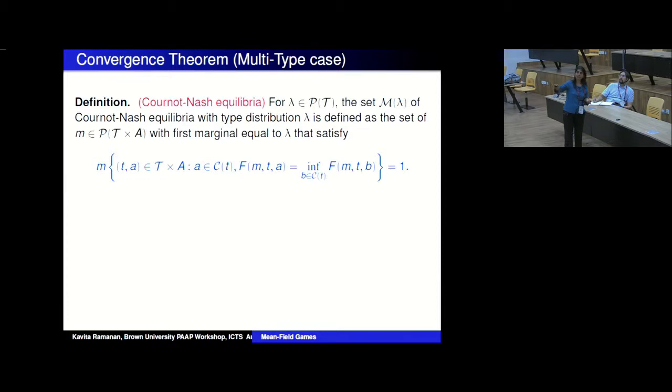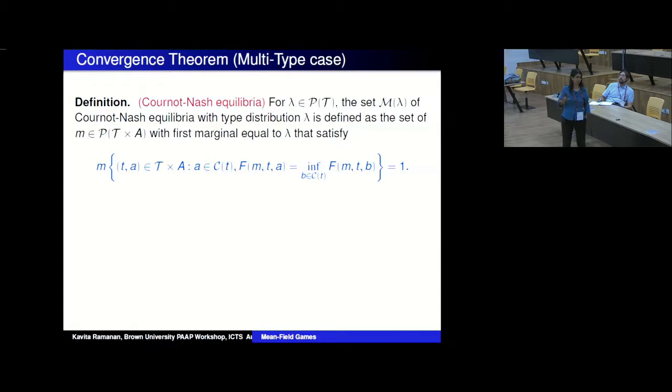And it should give all mass on admissible actions with respect to the type, and it should be a sup here. In congestion, it's actually more natural to write a minimum, but I just wanted to keep it, so this should be a sup, as before.